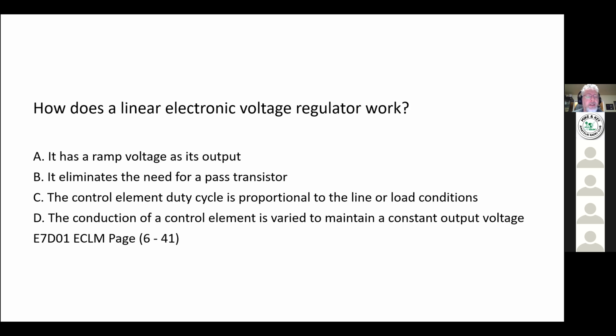D, the conduction of a control element is varied to maintain a constant output voltage. Delta. The conduction of a control element is varied to maintain a constant output voltage.